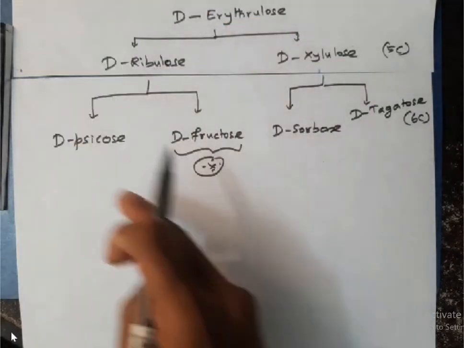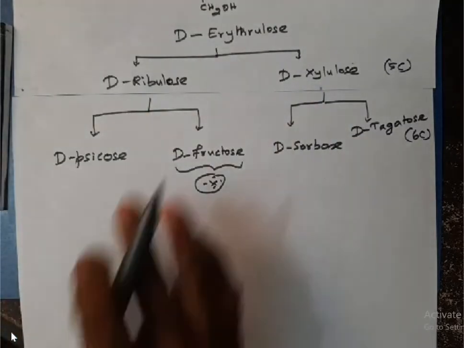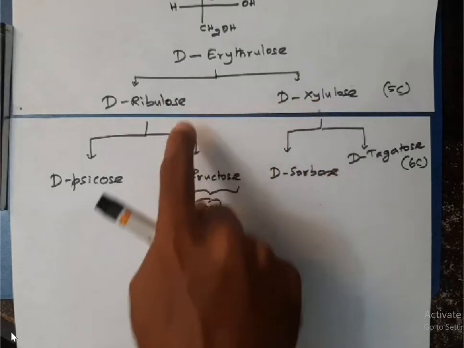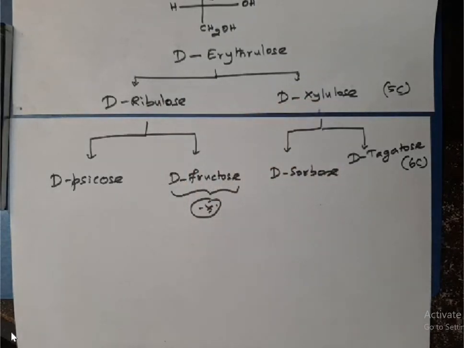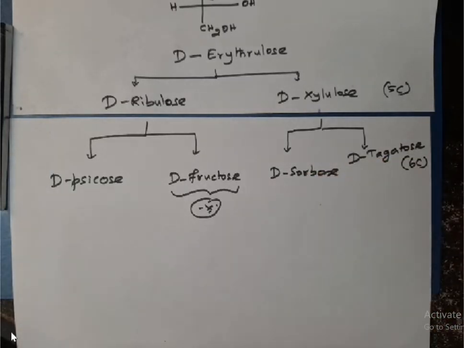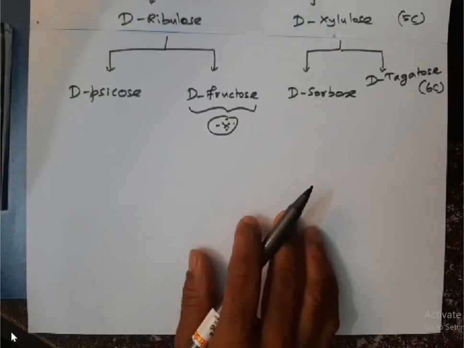All these are ketoses, right? This is keto tetrose, and these 2 are keto pentoses, and these 4 are keto hexoses. I didn't draw the structure. I'll just leave it to you. You try and get experience in drawing the structure.